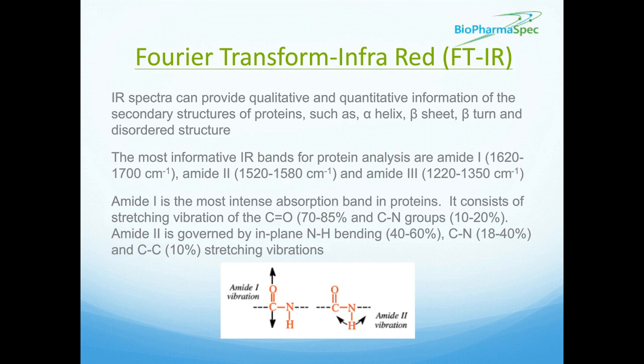Basically, amide 1 and amide 2 are the most informative bands, and these are based around the stretching vibrations of the carbon and nitrogen-based bonds. These can provide qualitative and quantitative information on the secondary structure of proteins like alpha helix, beta sheet, beta turn, and disordered or random structure.